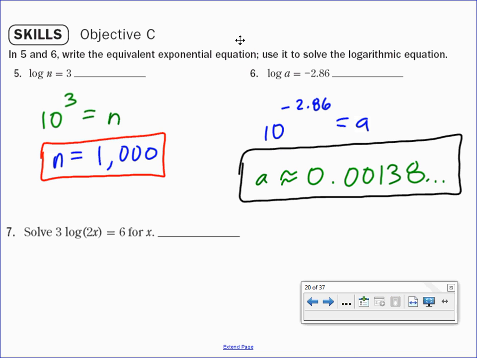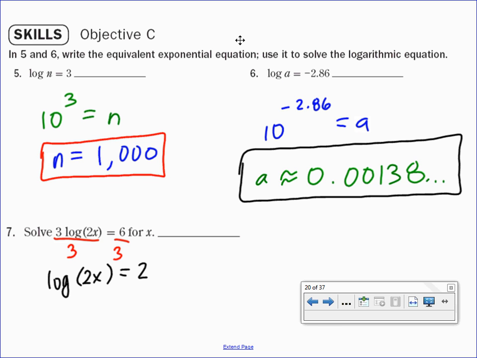And lastly, we can solve the logarithm equation by first adding and subtracting, multiplying or dividing to get the logarithm alone, and then rewriting in exponential form. So my first step here is not 10 to the, right? My first step is divide both sides by 3. Let's do that, please, ladies and gentlemen. So my best first step would be divide both sides by 3 to isolate the log. Then log of 2x equals 6 divided by 3 is 2.